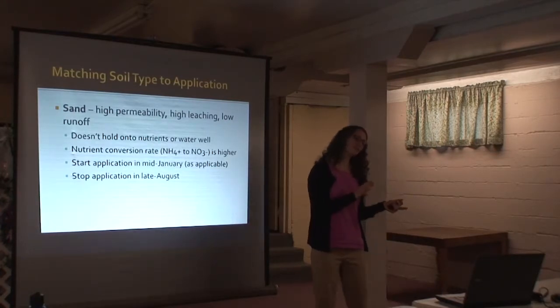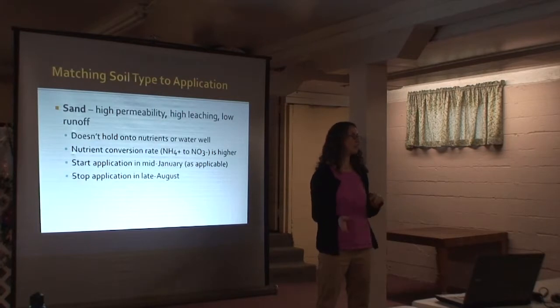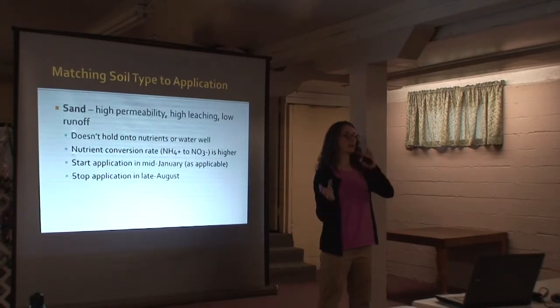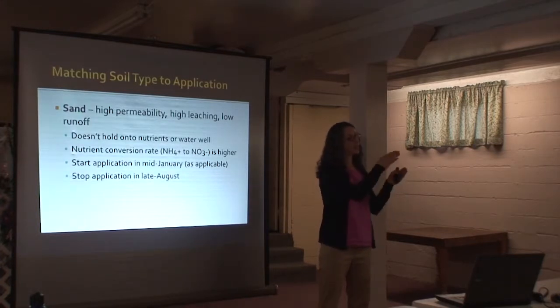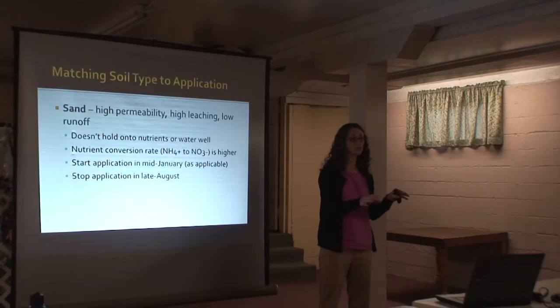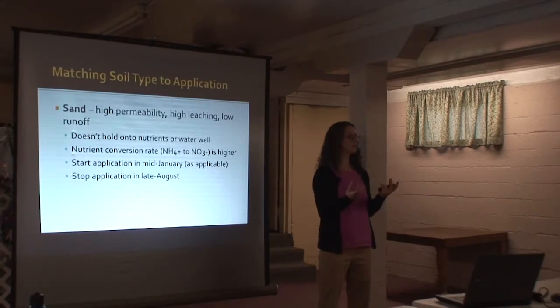So here's where, in these types of very sandy soils, we're saying start your application actually in mid-January. So not thinking about that February or T-SUM, but actually getting it out a little bit earlier on soils that can take it that are low-risk fields, and I'll talk about that. So on those low-risk fields, get out there early so that as the conversion rate starts, as your soils warm up above 40 degrees and the microbes start converting all that manure and nitrogen into a usable plant form, your grass growth curve is about the exact same.